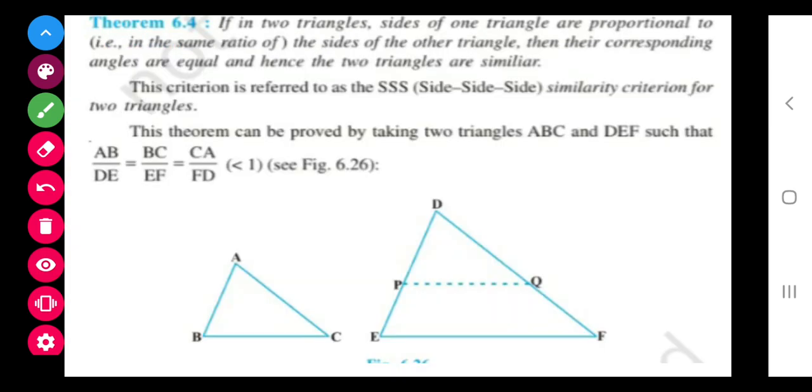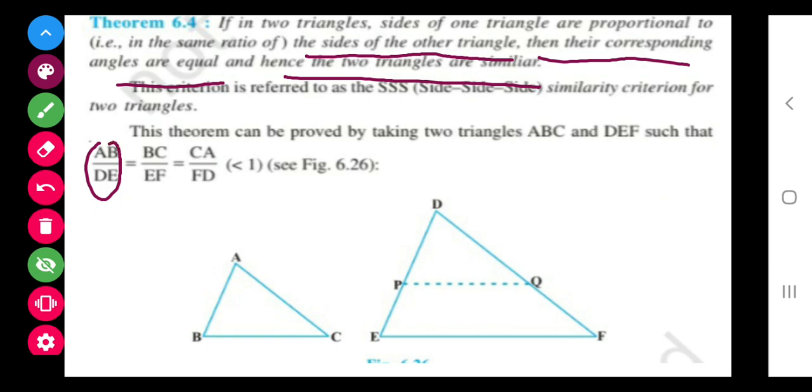Now next is if three of the sides are in ratio. If in two triangles, sides of one triangle are proportional to the sides of another triangle, then their corresponding angles are equal and the two triangles are similar.